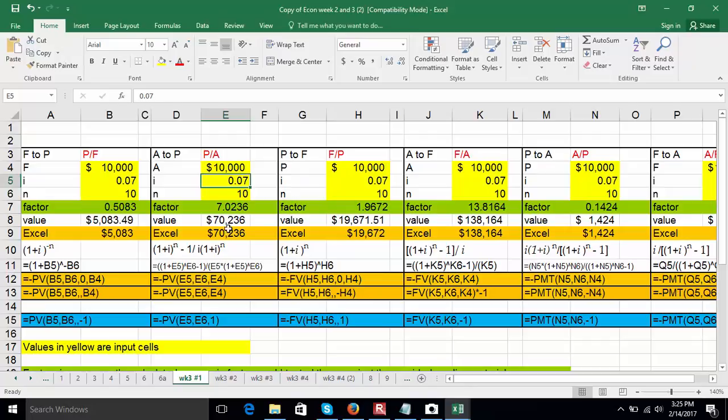Okay, so let's see, there's the math. There's the factor with all the bells and whistles built in. Here's what Excel is also asking for, the present value, but in this case there is an annuity, and the annuity is the $10,000.